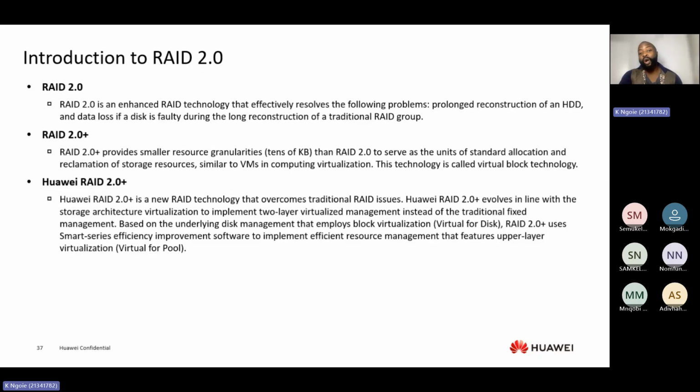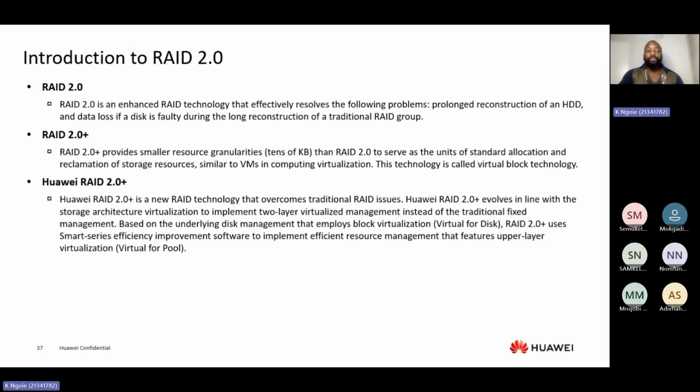Then we have the Huawei RAID 2.0 plus. The Huawei RAID 2.0 plus is a new RAID technology introduced by Huawei. Huawei took this further by combining block virtualization and pool virtualization, as they call it. So they put them together.